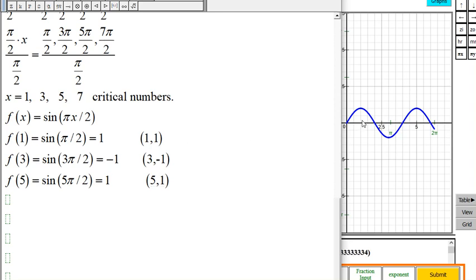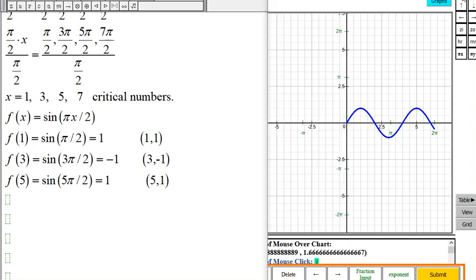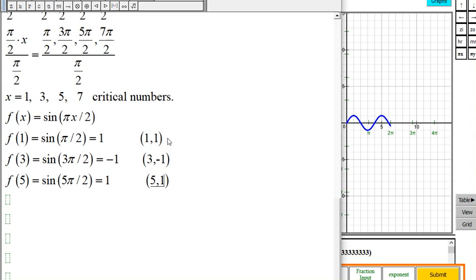At 1, 1, we have a maximum. At 3, negative 1, we have a minimum. And then at 5, 1, we have a maximum. So this is maximum. This is minimum. This is maximum.